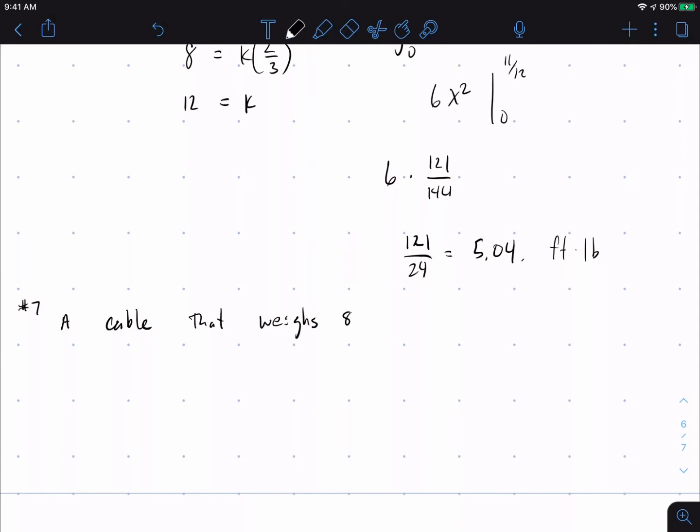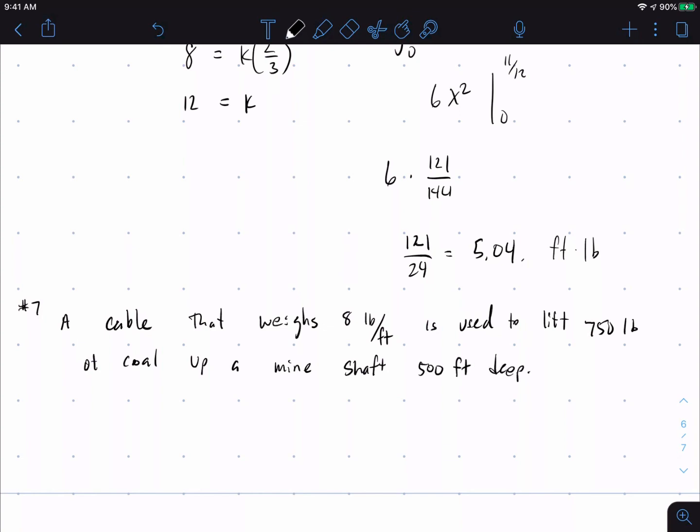A cable that weighs 8 pounds per foot is used to lift 750 pounds of coal up a mine shaft 500 feet deep. Find the work done.